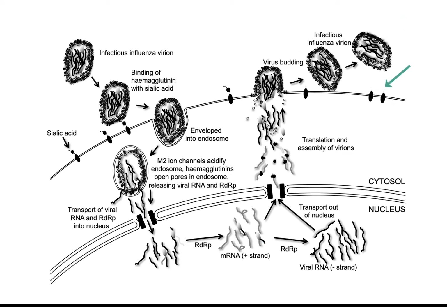Now you'll note on the right-hand side that the proteins no longer have the sialic acid because the virus actually clips those off so that the newly released particles don't stick to the same cell but are released and can then stick to other cells with intact sialic acid residues.